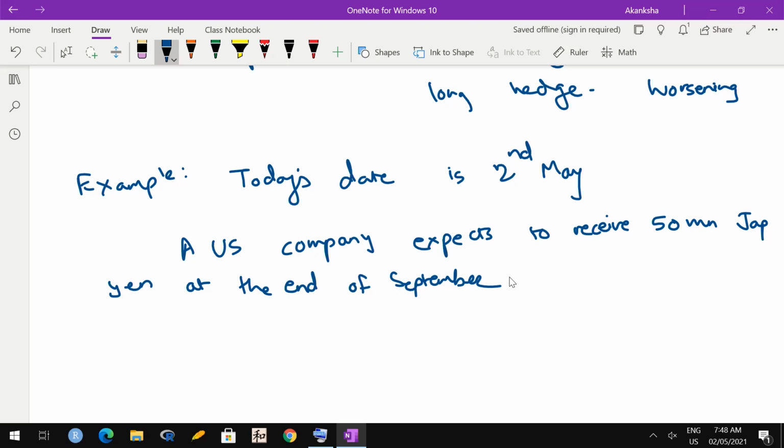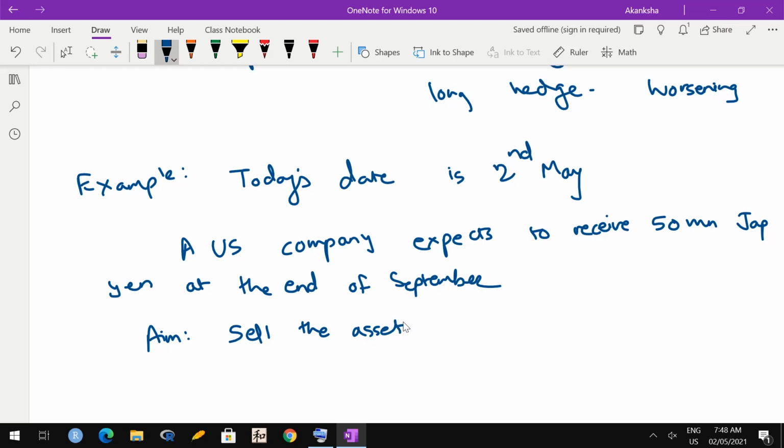Now the problem is, this is expected, so it is not 100% certain that the payment would come at the end of September. So they have to keep some margin, and when they receive this yen, to get the real money they will have to sell yen to get dollars. So their aim or need is to sell the asset. Future currency is an asset, right?